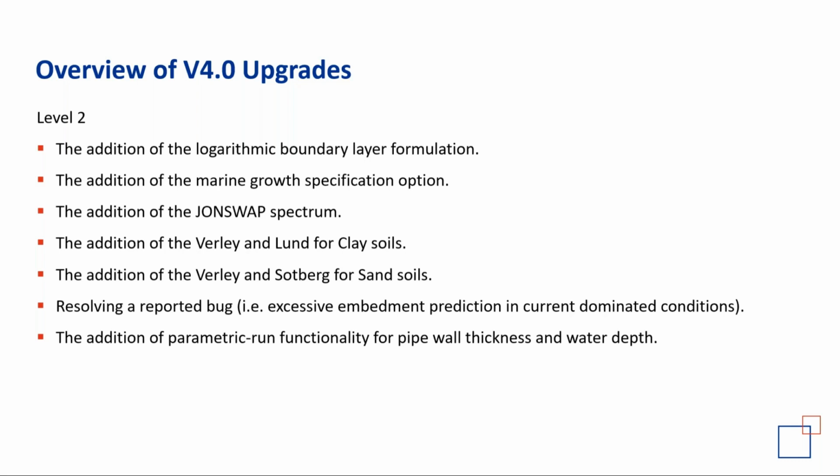There was a bug for the current dominated situations, and that has been removed from the version 3. So most of the results, if there is a current involved when you compare it with version 3, you would have difficulties comparing because the old version would not produce correct results. And also there has been some parametric run functionality that has been added to the software, which we'll get to that later.